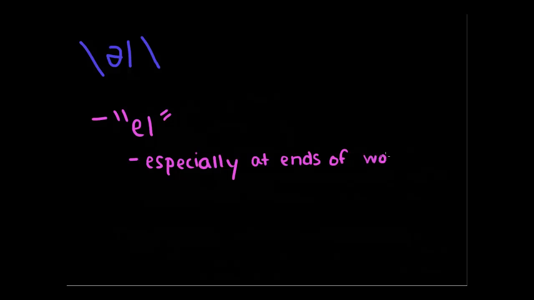because it's a diminutive, which we talked about when we were doing stems. It makes things smaller or cuter, so we're going to run into the sound a lot, and it's going to be spelled E-L, because it's a diminutive.